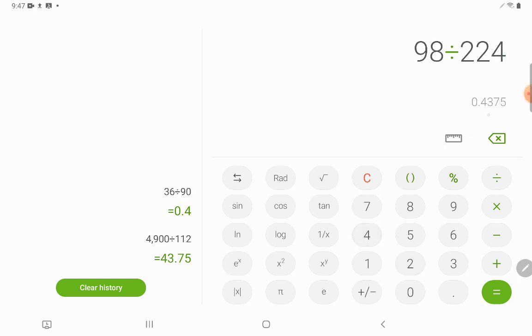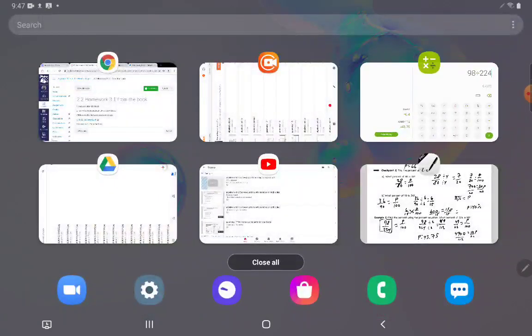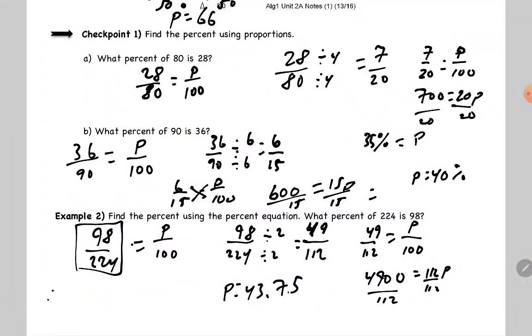So notice here, 0.4375, and then I'm going to move the decimal place 2 times. Boom, boom. Or I'm multiplying it by 100. That's what I'm doing here by moving the decimal place twice.